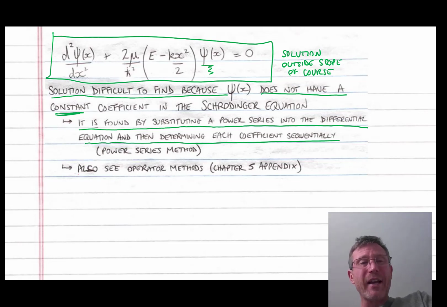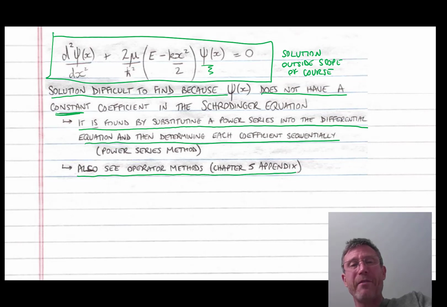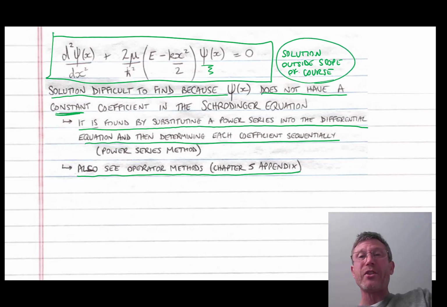There is a second method beyond the power series method, an operator method, that's going to be found in chapter 5, your appendix. But I am going to give you the solution. So the solution I'm saying is figuring out that solution is outside the scope of the course. But what is the solution?